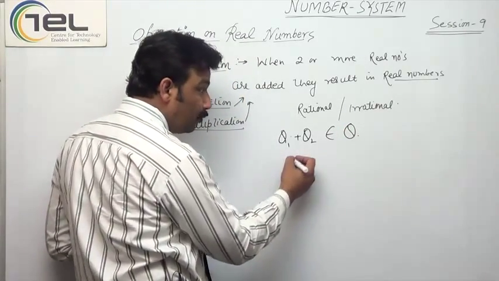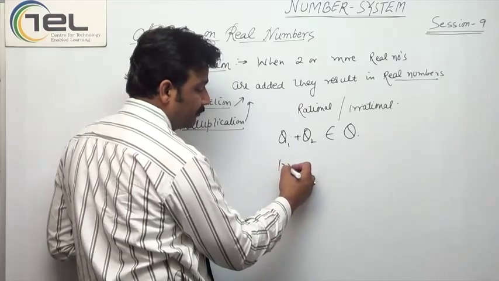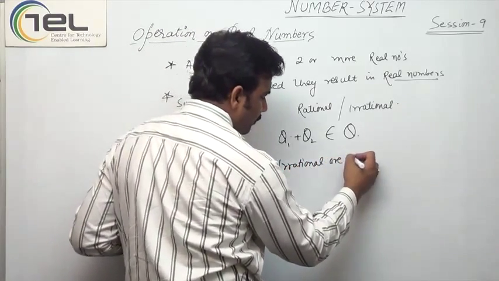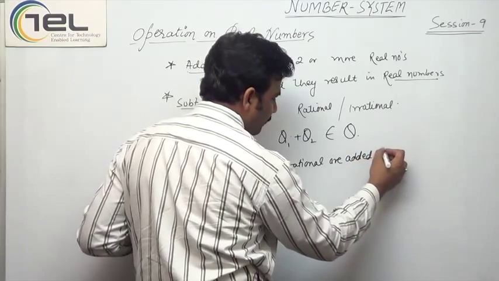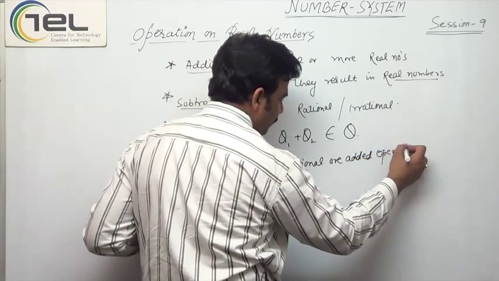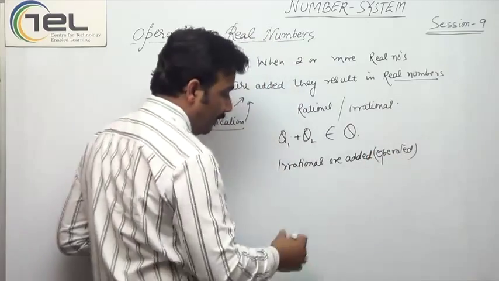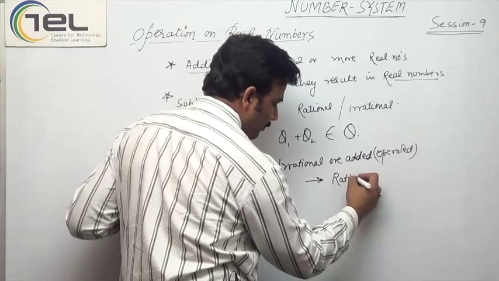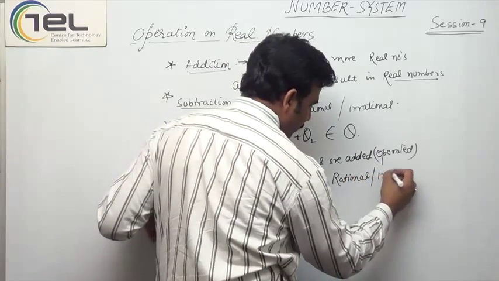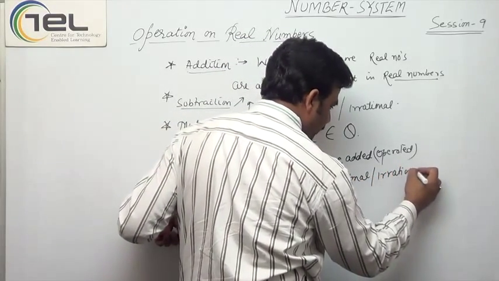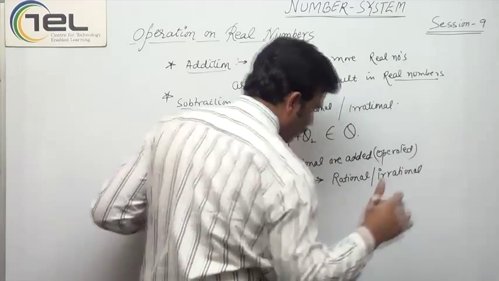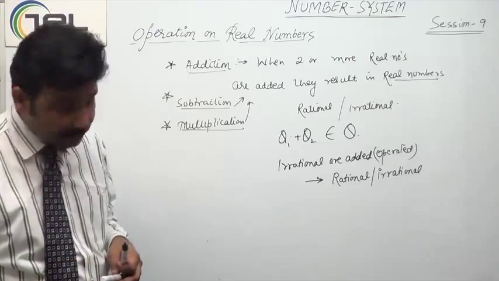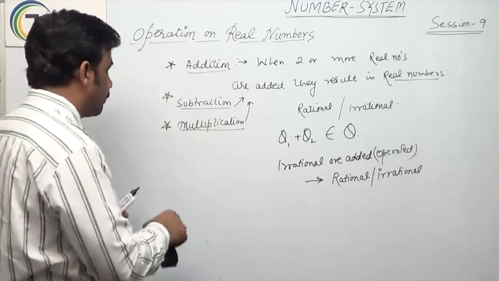But if two irrational numbers are added or operated, they will result in a rational or irrational number. I will give you some examples. So, let's go with some examples.